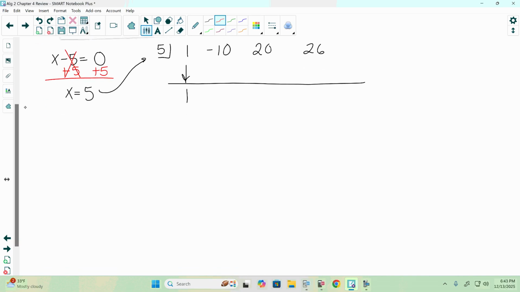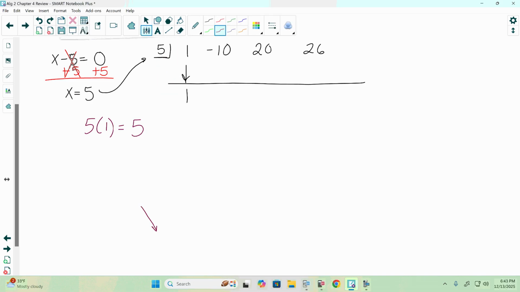At this point, we're going to multiply and then add. The first thing we want to do is multiply the term inside the cubby with the number below the line. So we're going to have 5 times 1, which is 5.